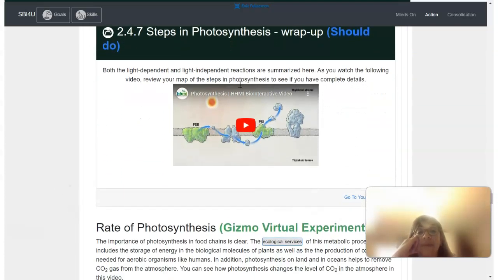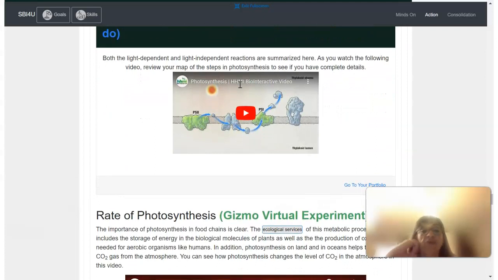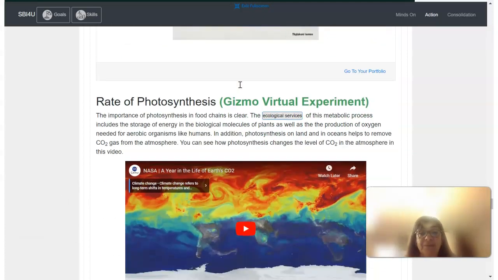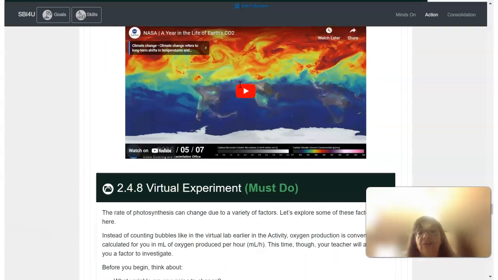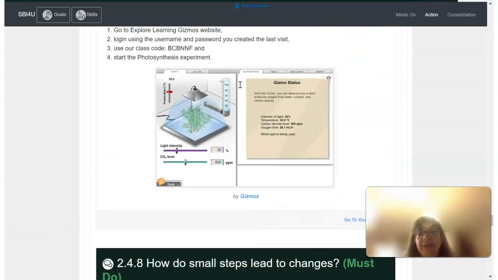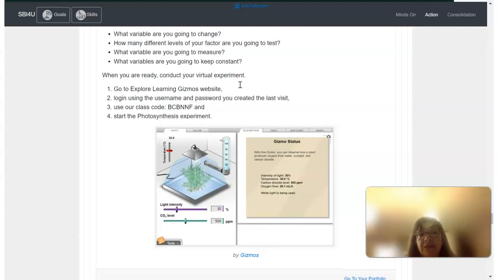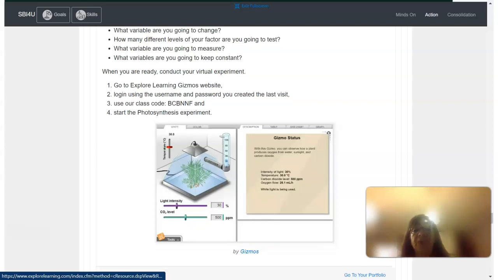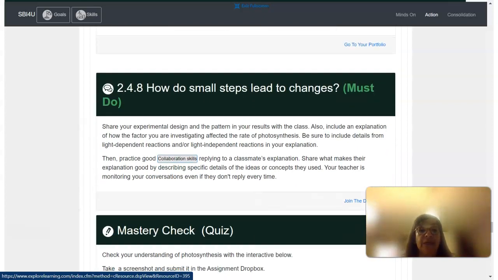So for this wrap-up also, we can draw a flow chart. And then it's on Gizmo, and you will log in to Gizmo using your username and password that you have created before, using our class code, and you'll find photosynthesis. You'll do the experiment and write the lab report.